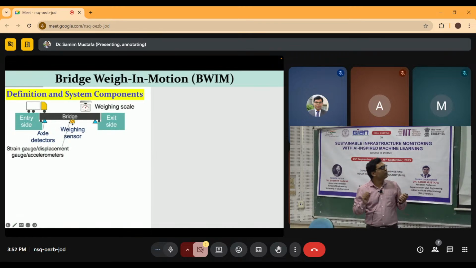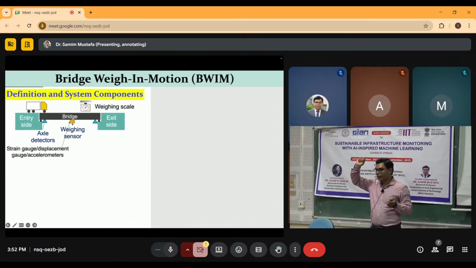So from this sensor you will get the response of the bridge due to the vehicle movement, okay, that is possible. Suppose you are measuring displacement, because of the vehicle movement this much displacement is occurring. Now from this displacement you should be knowing how much weight of the vehicle is traveling, okay.